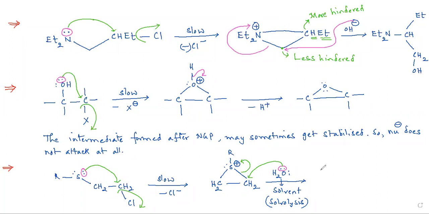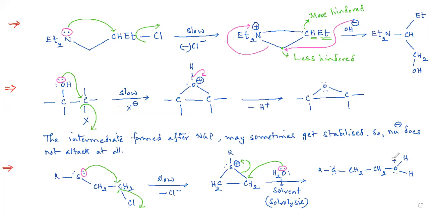Now look at what happens. We get this. RS, sulfur will have both its pairs, then this CH2 and the other CH2 to which the water molecule got connected, on which it has attacked.